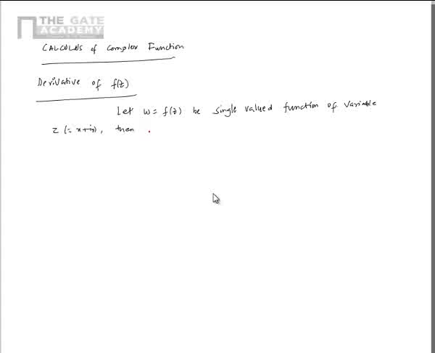Then the derivative of w is equal to f of z, defined as dou w by dou z, is f dash z, and it is equal to the limit of f of z plus delta z.